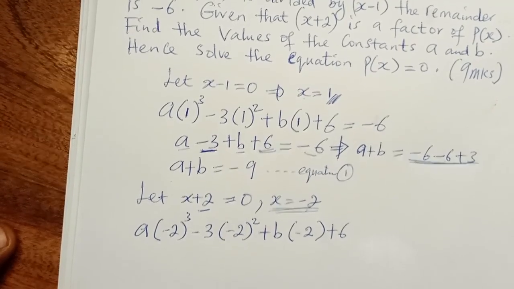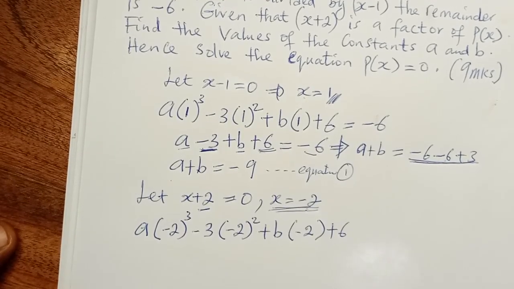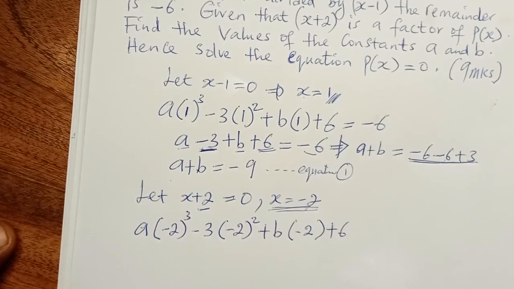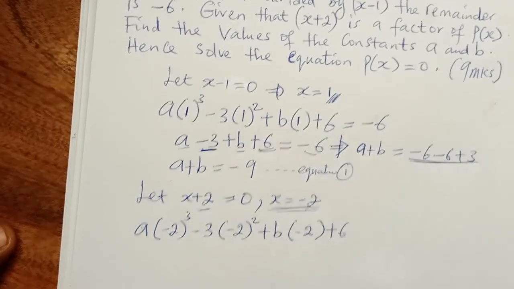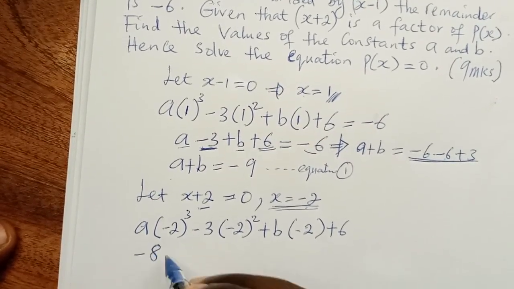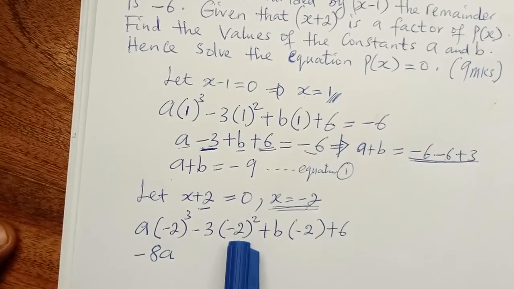Minus 2 cubed is going to be minus 2 times minus 2 times minus 2. Minus 2 times minus 2 is plus 4, and plus 4 times minus 2 is going to give us minus 8. So minus 8 times a is going to give us minus 8a. Now we have minus 2 squared is 4.